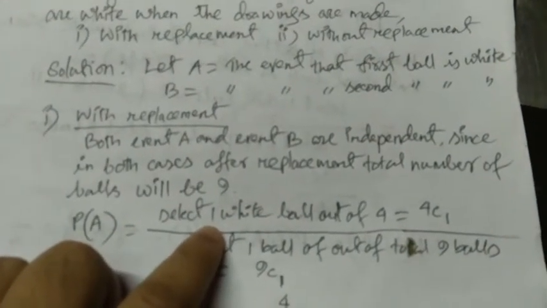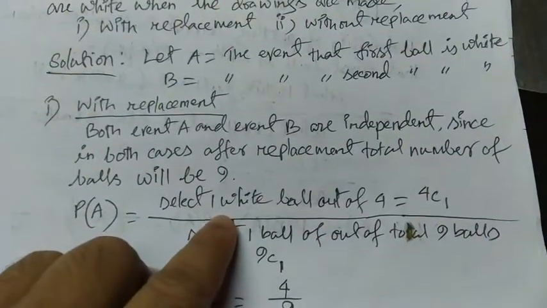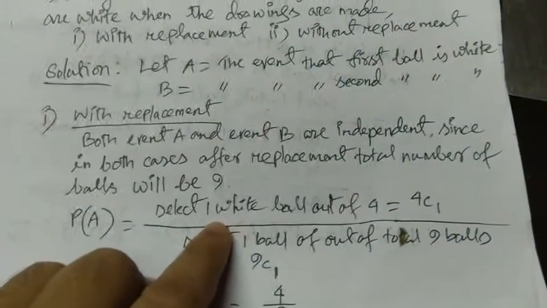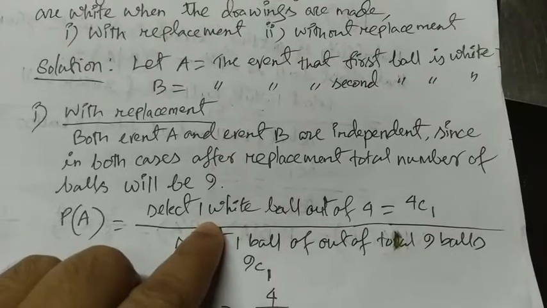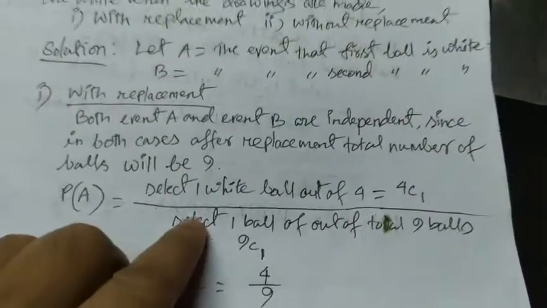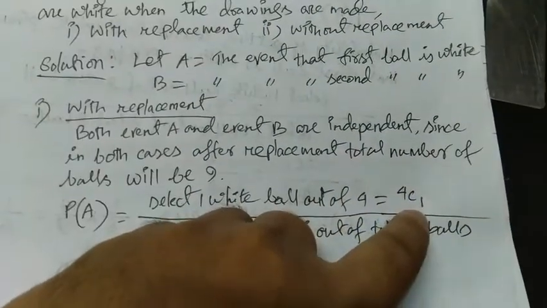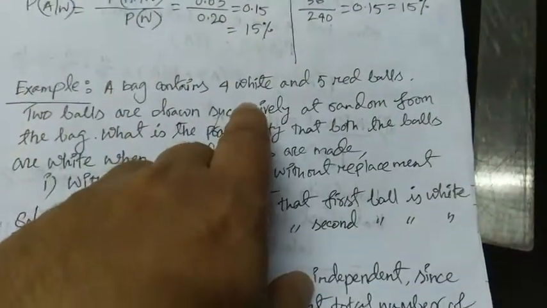That means we are picking 1 ball for the first time. So total 4 white balls are there, and out of 4 white balls we want to pick 1 white ball. So we can do it in 4C1 ways. And out of 5 plus 4, total 9 balls.